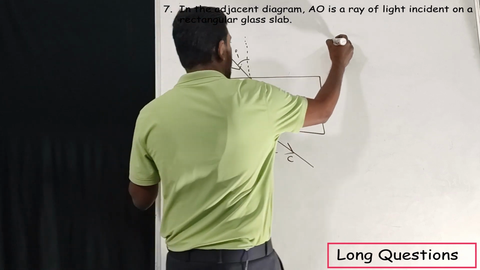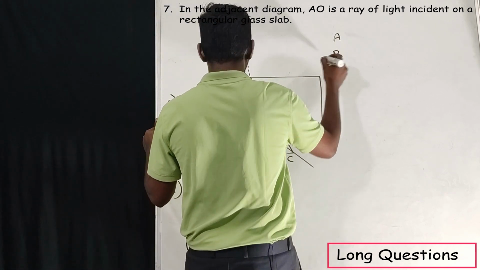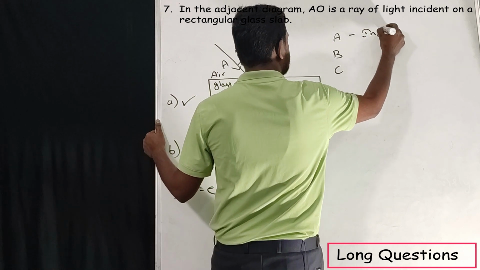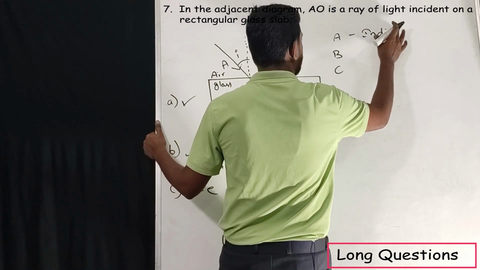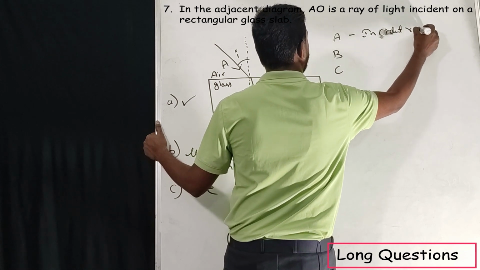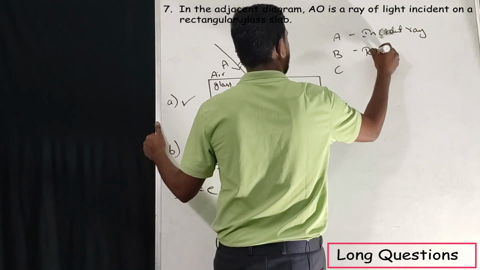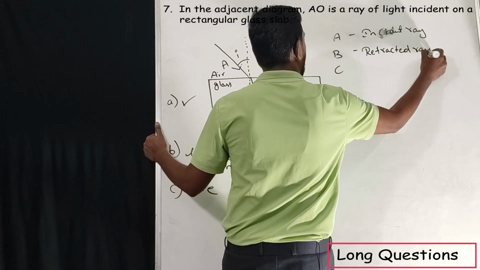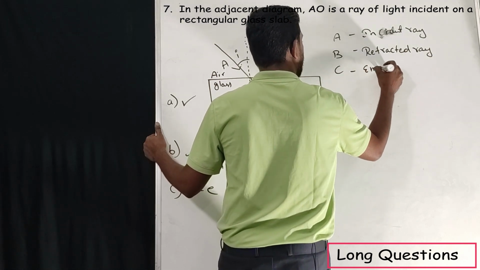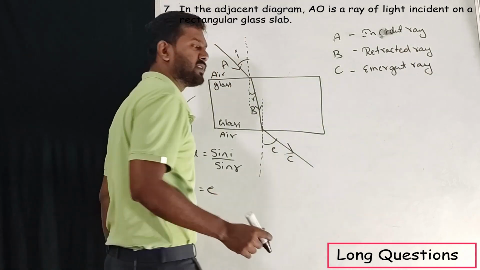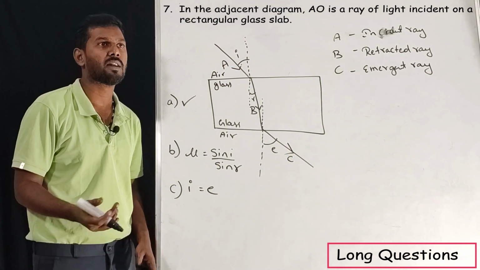You have to write what is A, B and C. A is incident ray, B refracted ray, and C emergent ray.